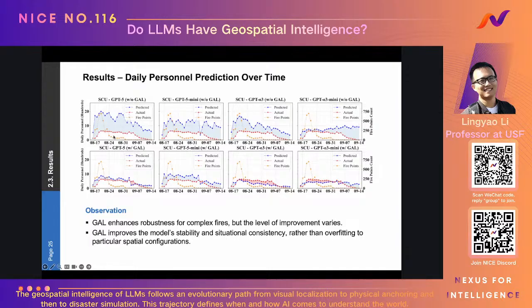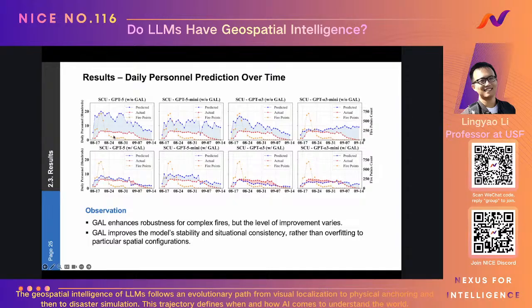For really densely populated areas, the performance accuracy could be quite high. But for the middle of the United States, you can see nearly all of the models show really low accuracy. I guess one reason is that the training data might reflect the real world, because people just live in those places. For less populated areas, large language models' performance could be really terrible. So this is one challenge for large language models to understand geospatial tasks.